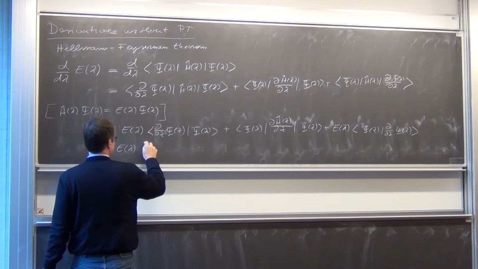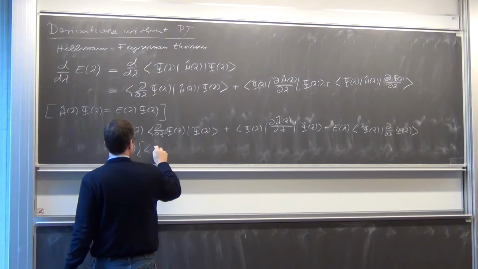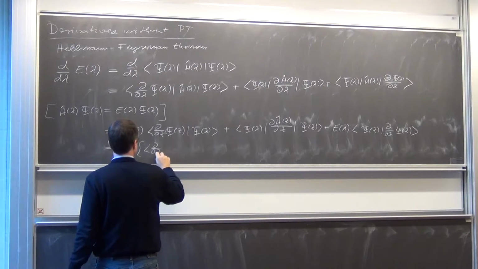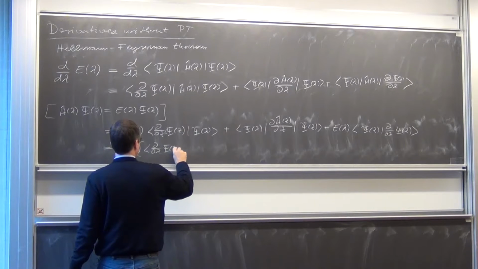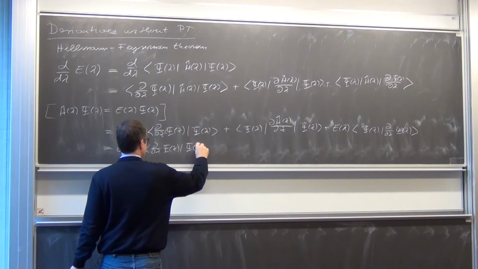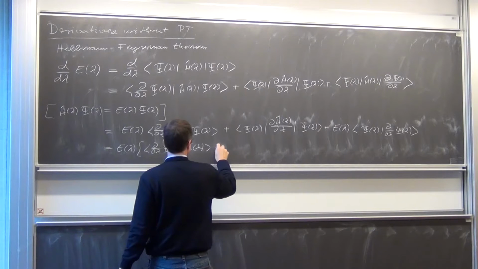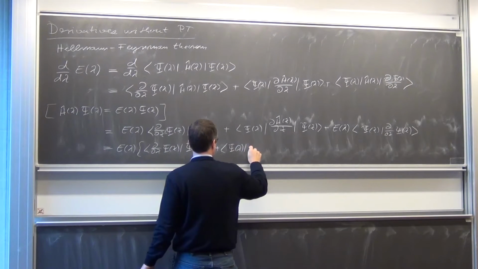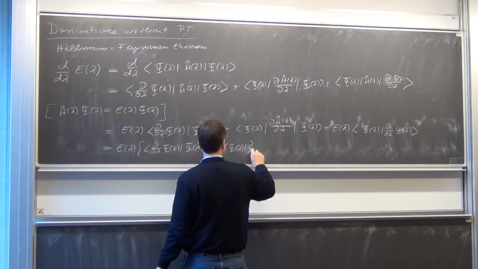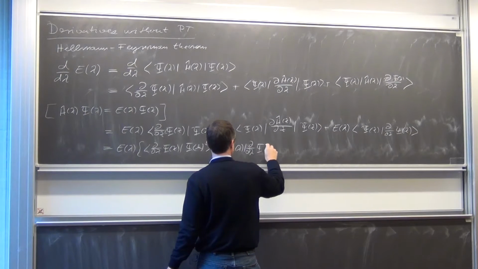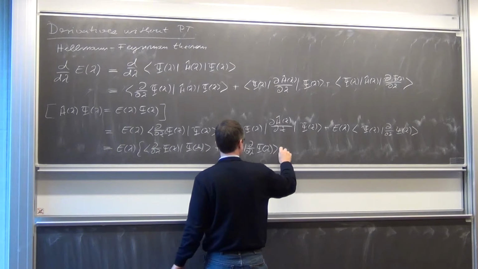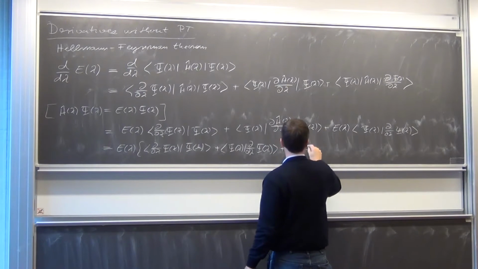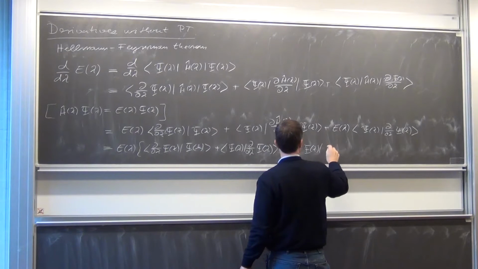I get this one, and I get a parenthesis of the term where I take the derivative of the bra plus the one where I take the derivative of the ket, and I get my term which is the expectation value of the derivative of the Hamiltonian.